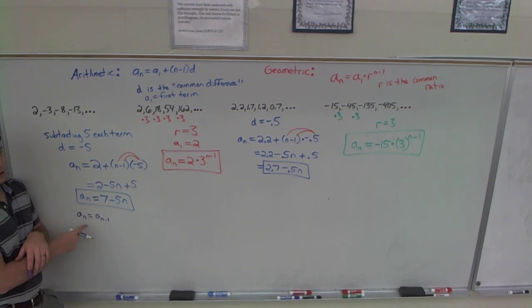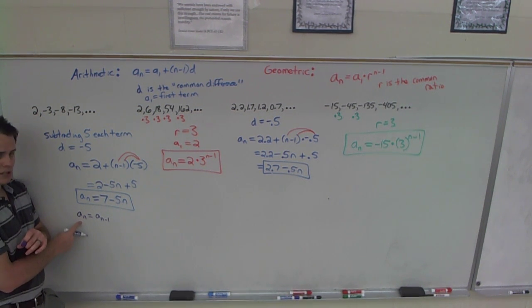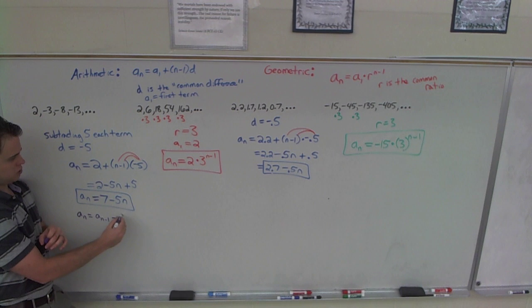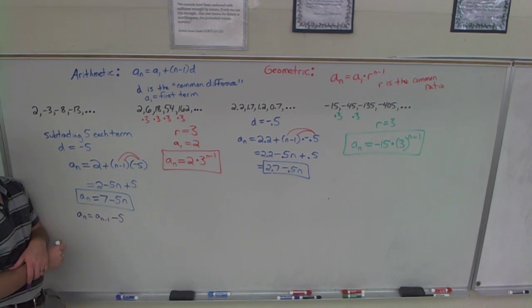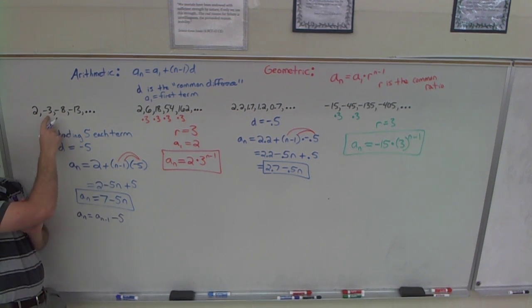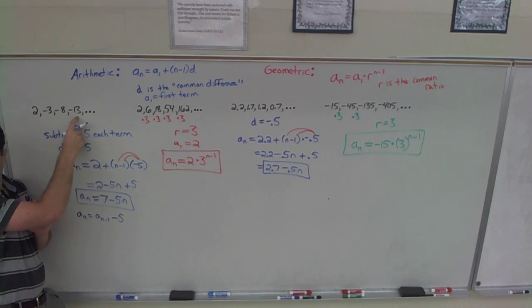That says a sub n is the thing before it. Can we go minus 5 on this one? That's it. Minus 5. So this guy will be that guy minus 5. This guy will be that guy minus 5.